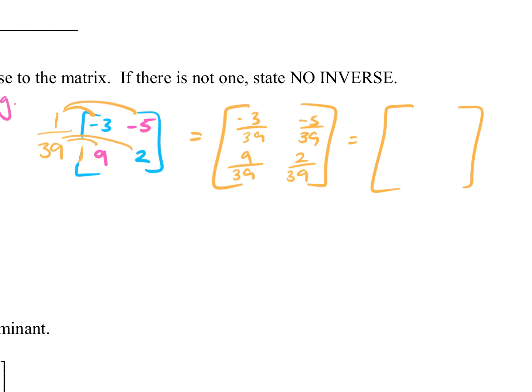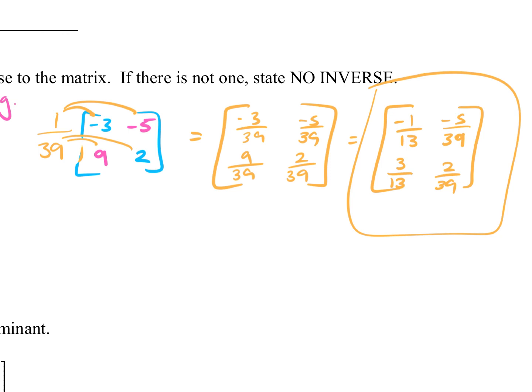So 3 goes into 39 13 times, so this would be negative 1 over 13. 5 does not go into 39, so it stays negative 5 over 39. 3 goes into 9 and 39, so it'd be 3 over 13 and 2 over 39. So that would be our answer.